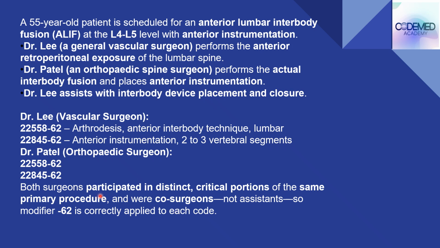So in this case, both doctors will report both the procedure codes, like the arthrodesis interbody technique and the instrumentation, and they'll put the modifier 62. Both surgeons participated in the distinct critical portion of the same primary procedure and were co-surgeons, not assistants. So modifier 62 is correctly applied to each code.